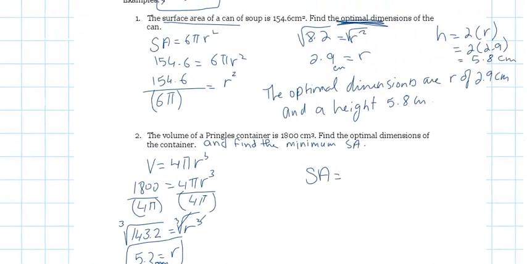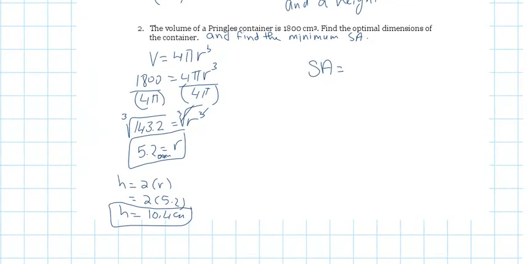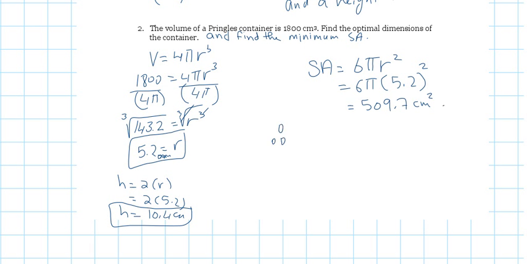So surface area equals 6 pi r squared, with my radius being 5.2. And that is going to be 509.7 centimeters squared. Don't forget to write your therefore statement for a word problem.